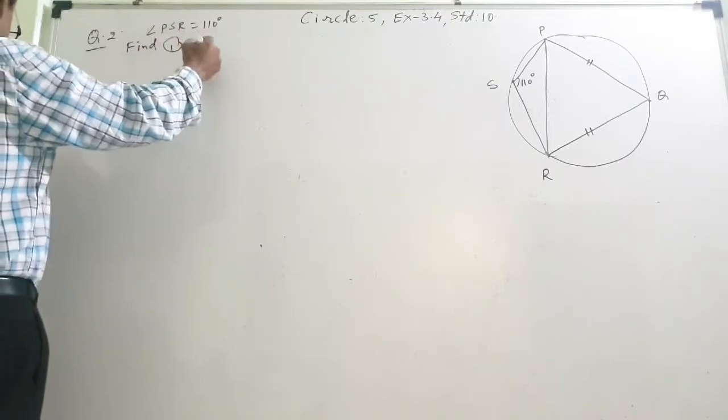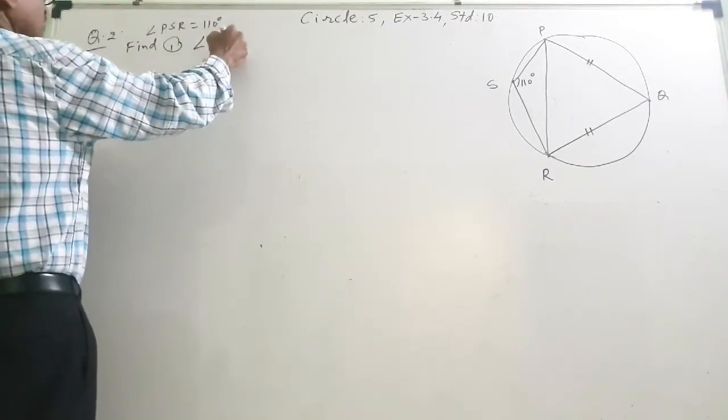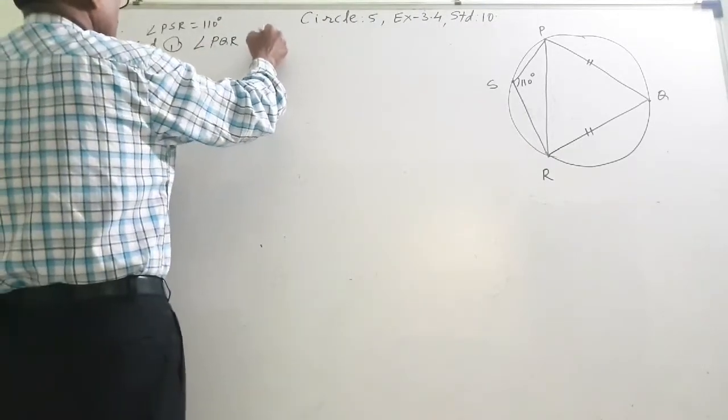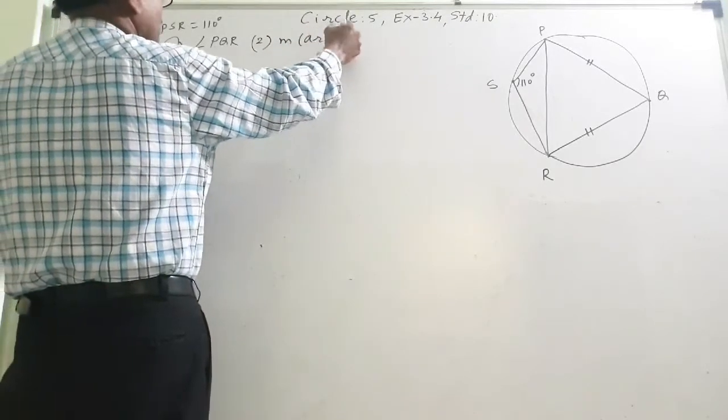Find number 1, angle PQR. Number 2, measure of arc PQR.